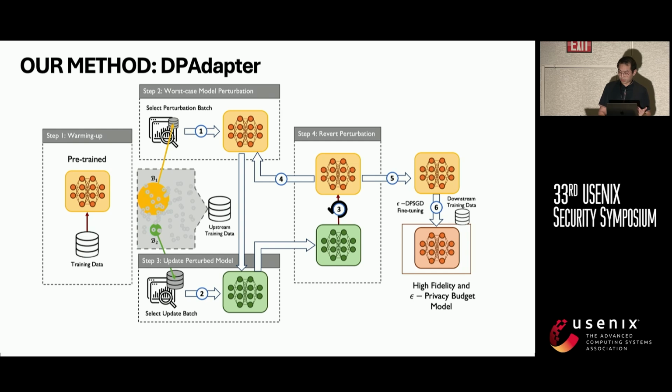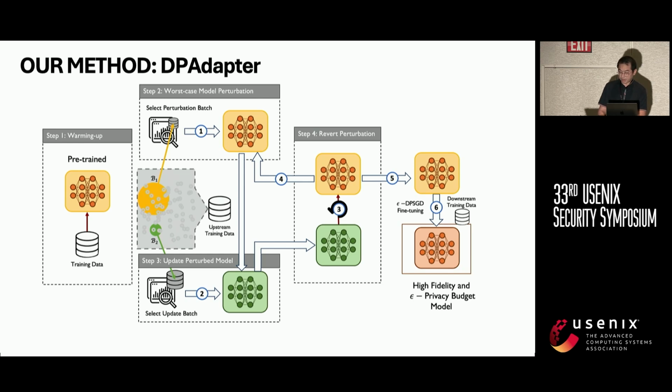This is really important because in DPML, we are actually adding noise to the model's parameters on purpose. So if we can make the upstream model better at handling that noise, the downstream tasks, especially when they are similar, will benefit as well.